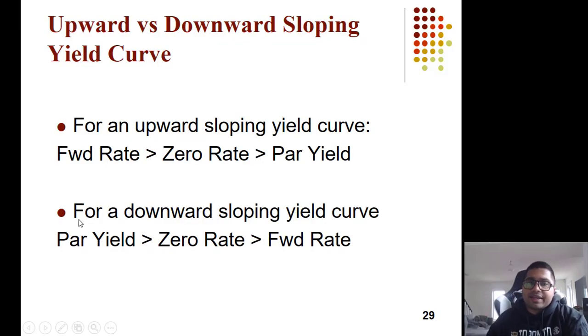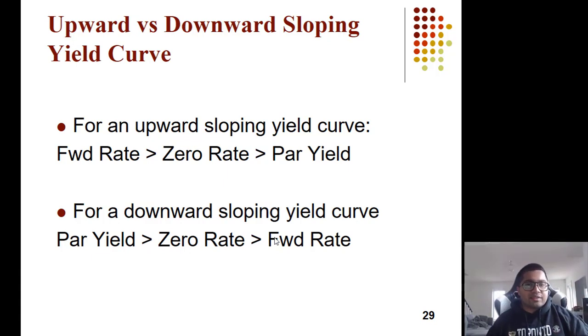Next, if forward rates are greater than zero rates, which are greater than par yields, then you get an upward sloping yield curve. If forward rate is less than the zero rate right now, you will see a downward sloping yield curve.